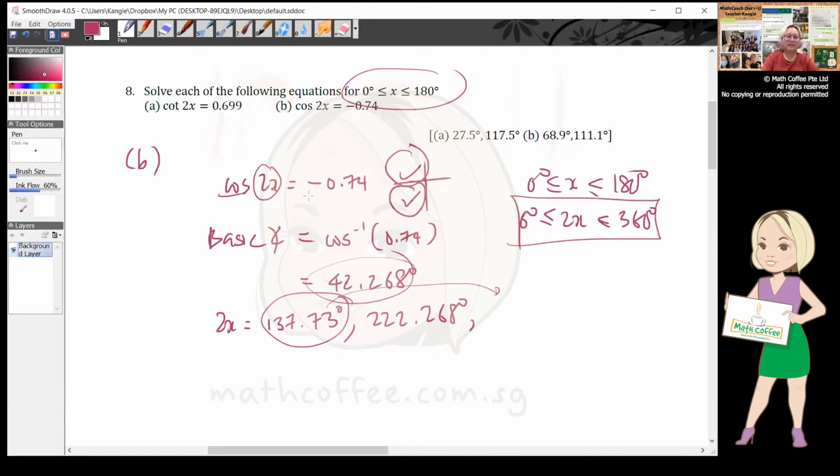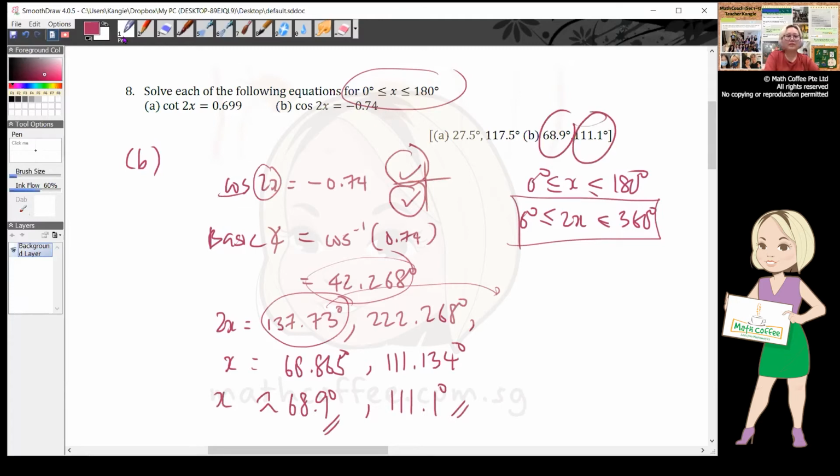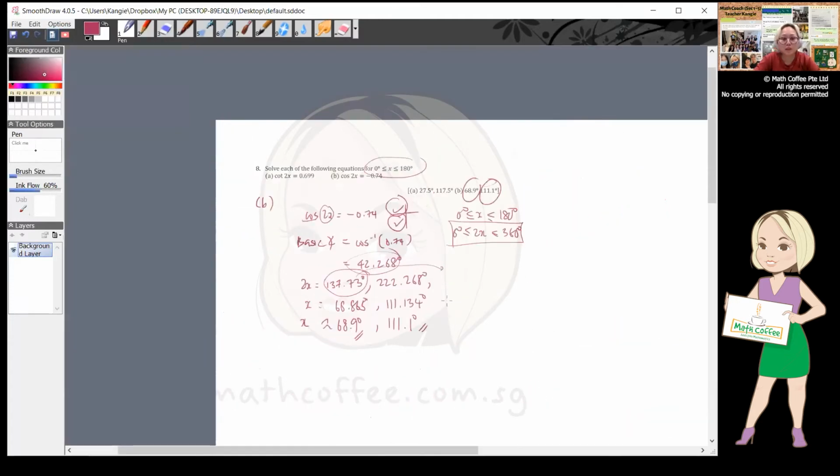So I don't need to plus, okay? So in the end, I divide by 2 on both sides. So I get 111.134 degrees. I get 68.865, round to 1 dp, 68.9 degrees and 111.1 degrees. Okay, these are the two answers. So that's for question 8B.